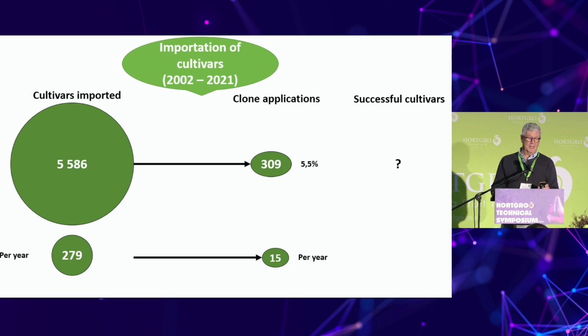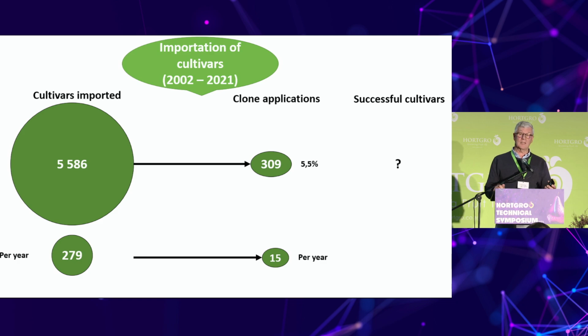If we look at that period of 19 years, an average of 279 cultivars came into South Africa on a yearly basis. 200 pome fruit, 79 stone fruit. Of those, 5.5% landed as clones that were registered. And the question then is, how many of those then became successful?